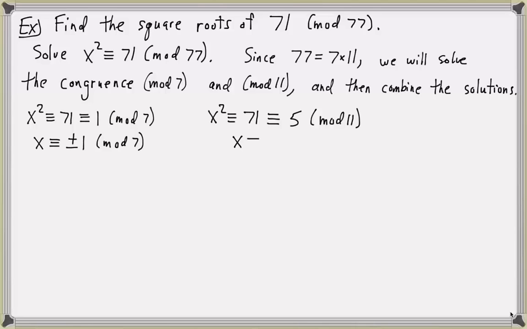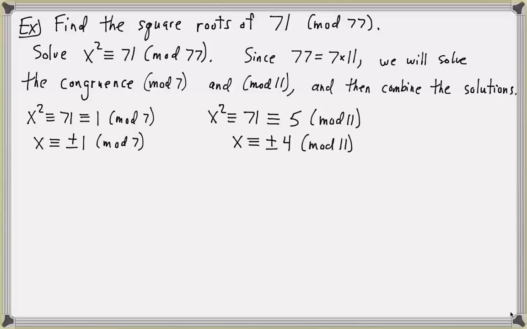So x is congruent to plus or minus 4 mod 11. Each of these congruences mod 7 and mod 11 has two distinct solutions. And we'll see that when we combine these four solutions, we're actually going to get four distinct solutions mod 77.